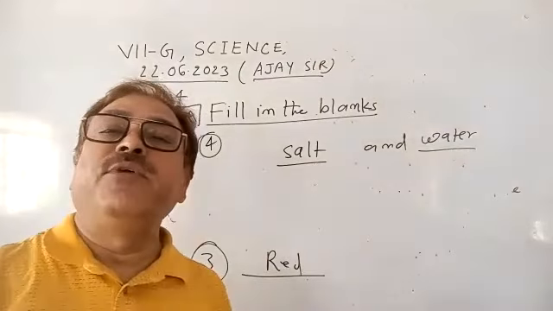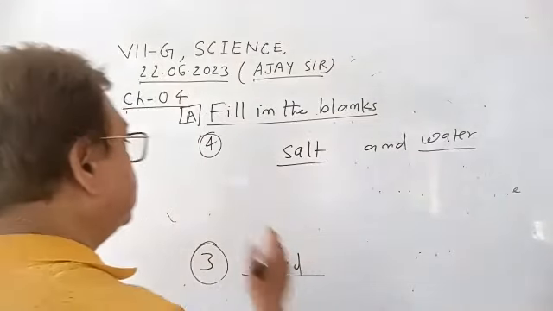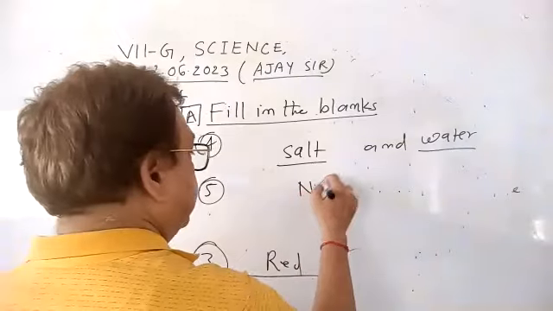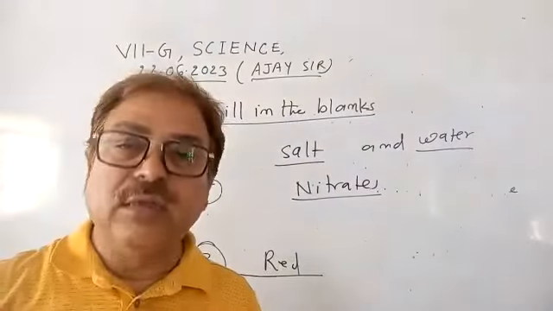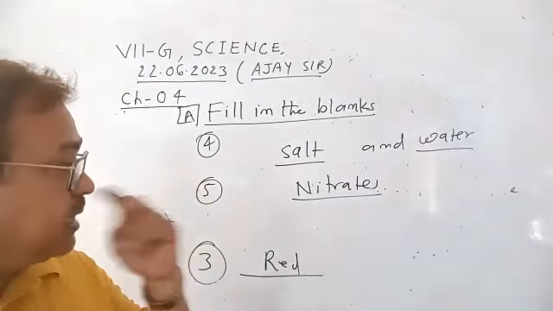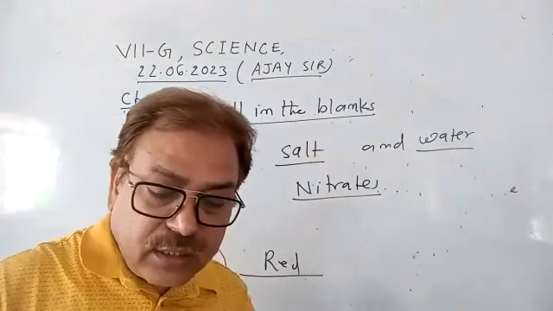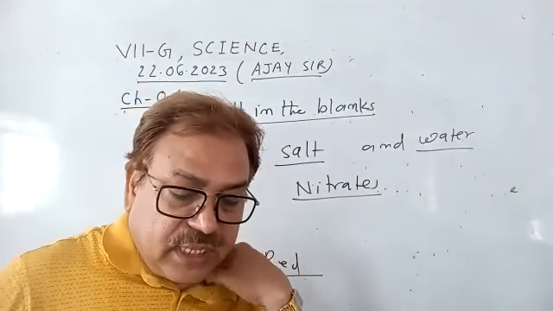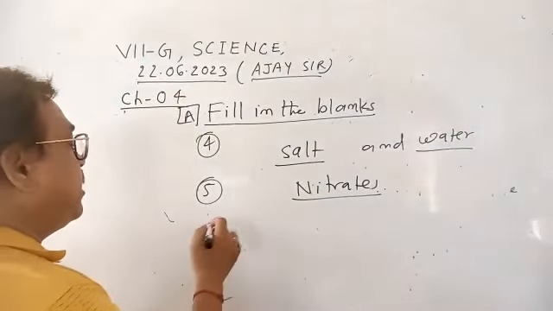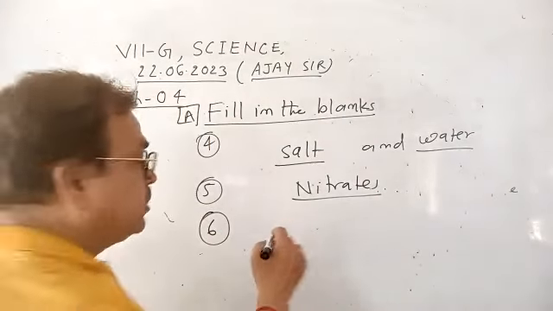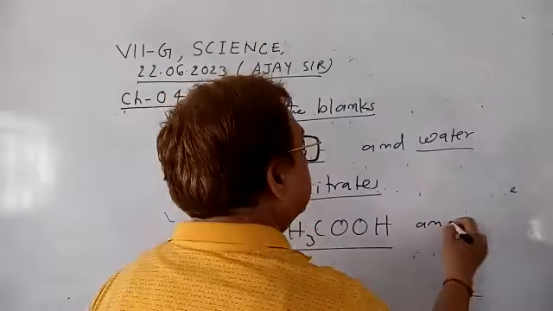Fifth, salts of nitric acid are called nitrates. Add an S. Nitrates. Sixth, sodium acetate is a basic salt formed by the reaction of acetic acid and NaOH.